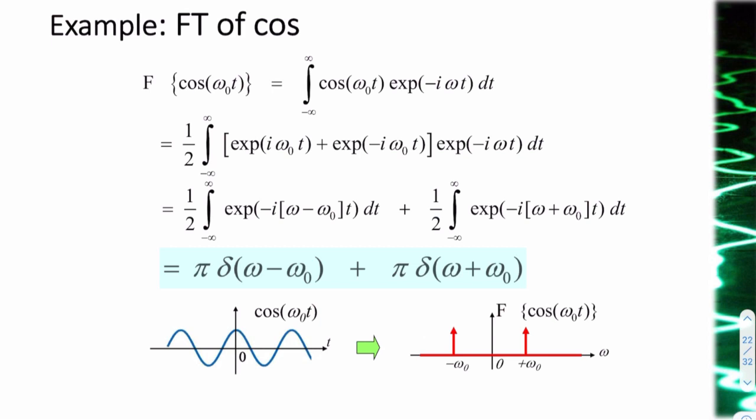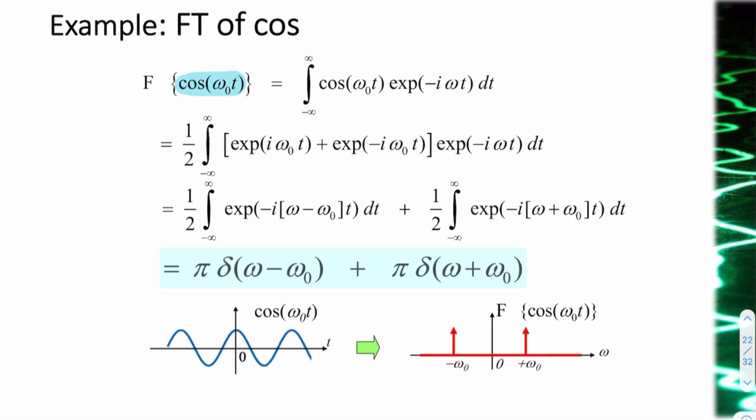Let's take an example. Say you have a simple cosine. Okay, so this is a cosine that occupies the entire time axis from minus infinity all the way to t equals infinity. So it's a never-ending cosine. What's the Fourier transform of the cosine? Well, it's simply the cosine multiplied by e to the minus i omega t. So f of t, e to the minus i omega t, integrated over all time.